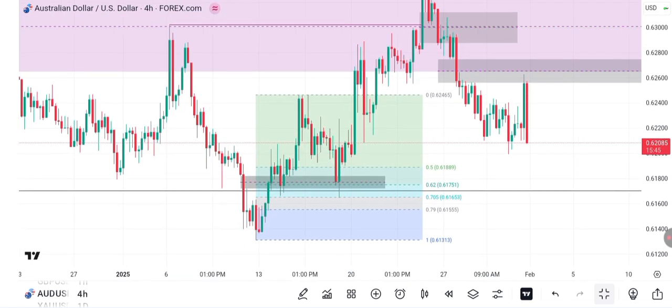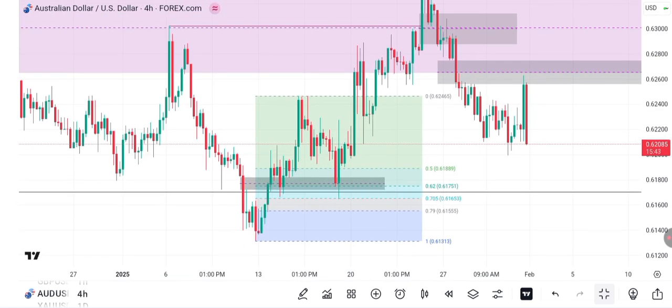So this is how I would have traded this, and then target this larger fair value gap on the weekly time frame, and this old high still on the weekly time frame at the midpoint of the fair value gap.